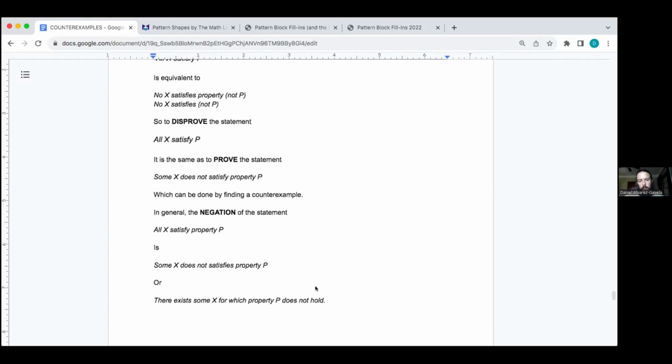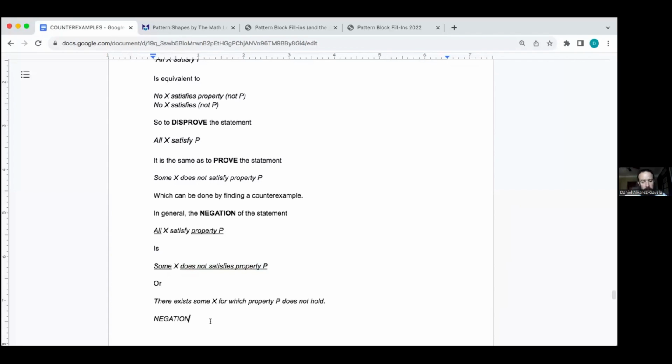And in general, the negation of the statement that all X satisfy the property P is that some X does not satisfy property P, or there exists some X for which property P does not hold. And what I want to highlight for us, the teachers, is what is happening when we negate the statement. All is replaced by some, and property P is replaced by not property P. So you swap.